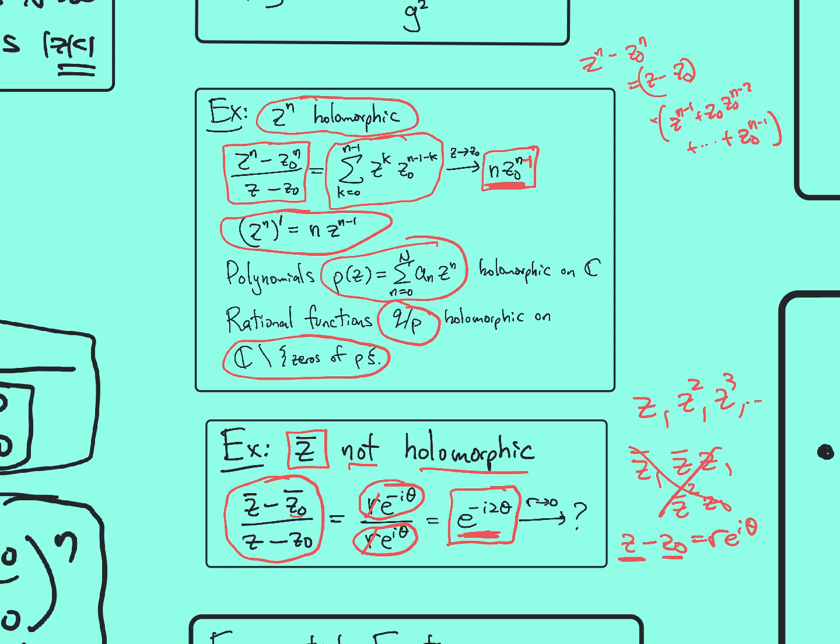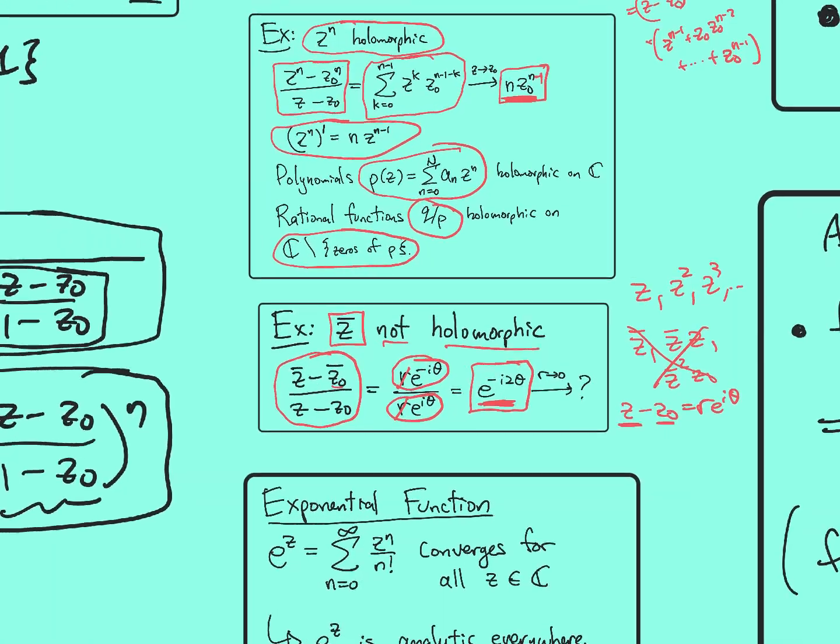So it doesn't tend to a consistent limit, and that's why z bar is not holomorphic.